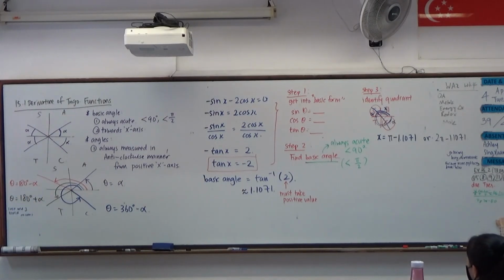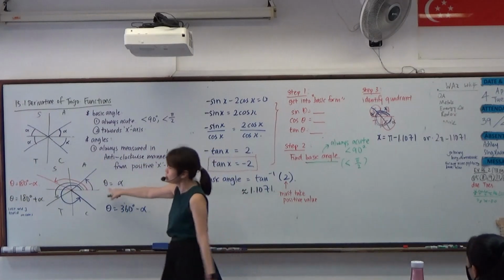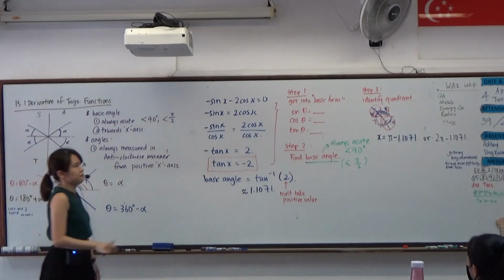So that's how we find the angle that we want to find. That is the x value. In this case, I'm just using theta, to help us find the second and fourth quadrant.